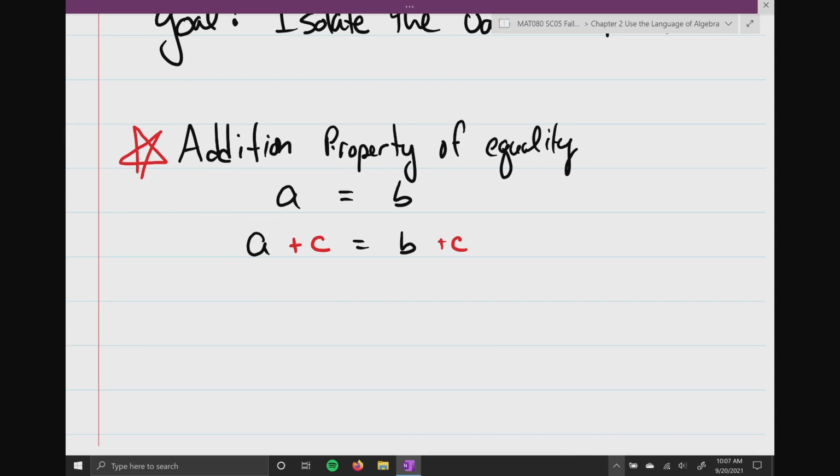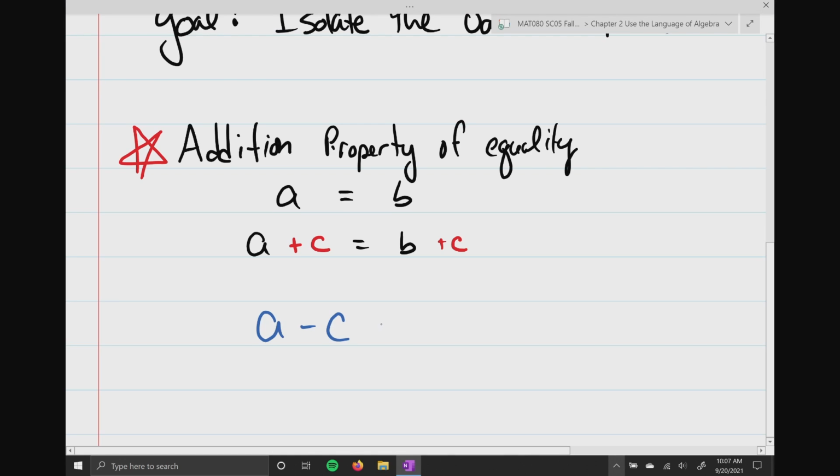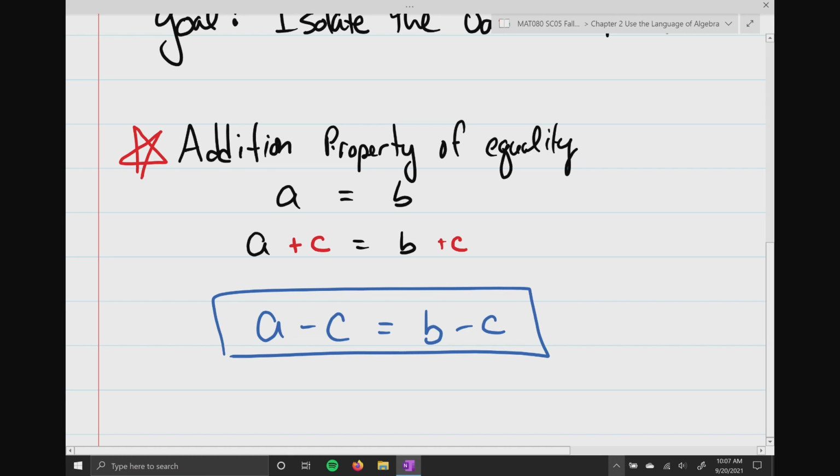I'm going to write it in a different color here. You can also subtract from both sides, but the only thing is, we ask you, make sure it's the same exact value. That's why I'm using the same exact letter on both sides. Okay? Now, how did we use this property for the example above?